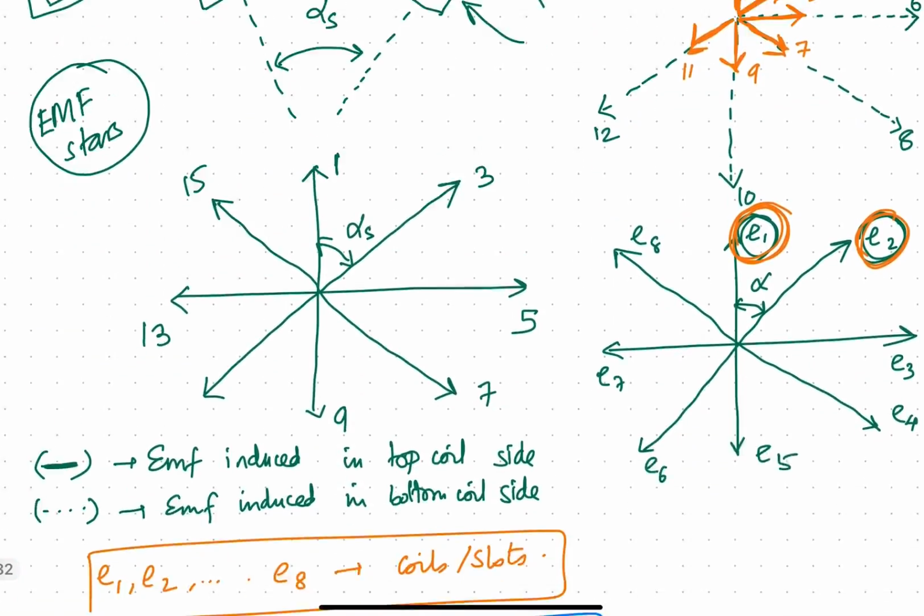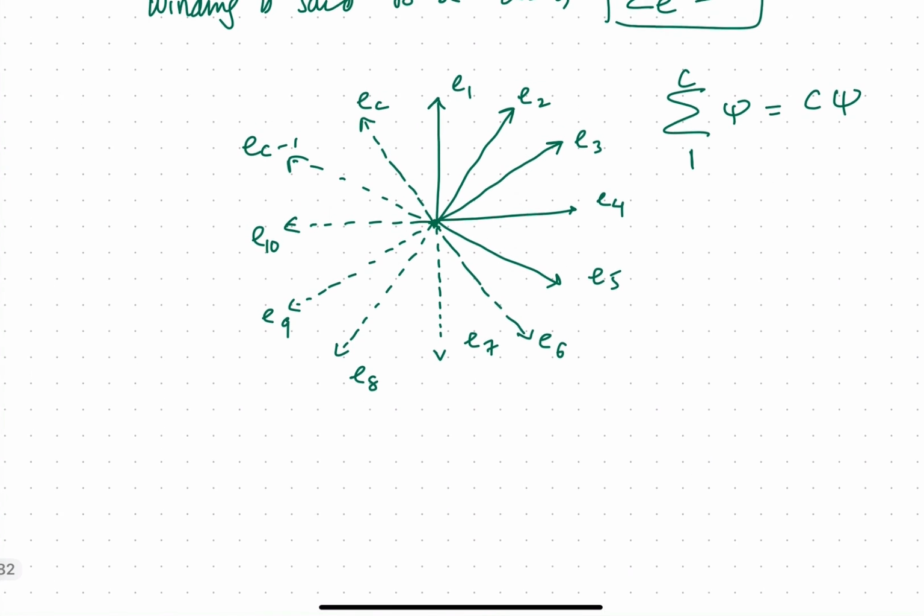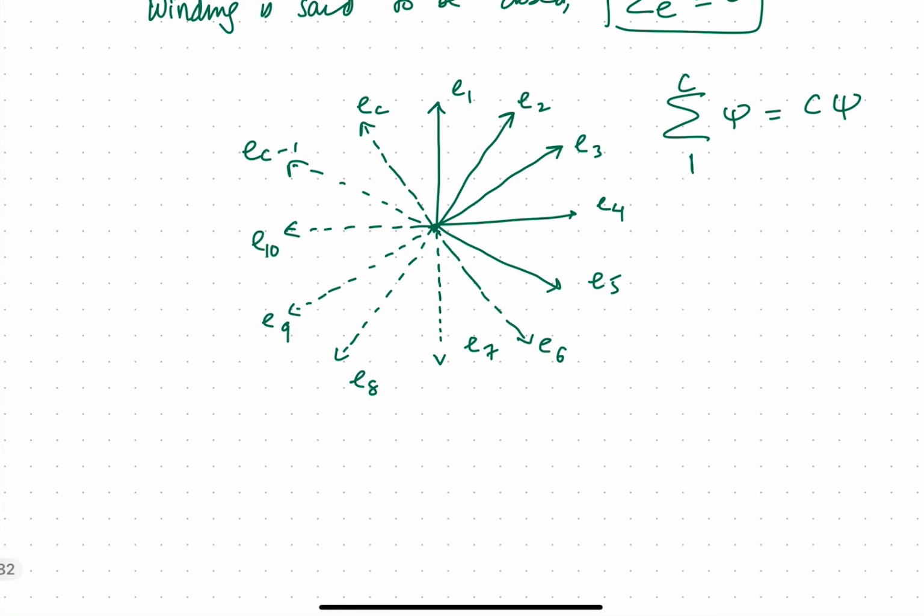So if the summation of the phase angle is equal to C times this phase angle, what is this? This is 2 pi, 4 pi, 6 pi, or in general alpha pi.